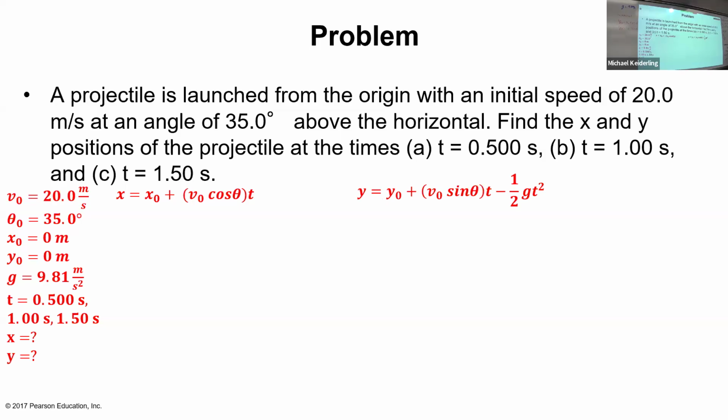And y will be y naught plus v naught sine theta times t, minus one half g t squared.